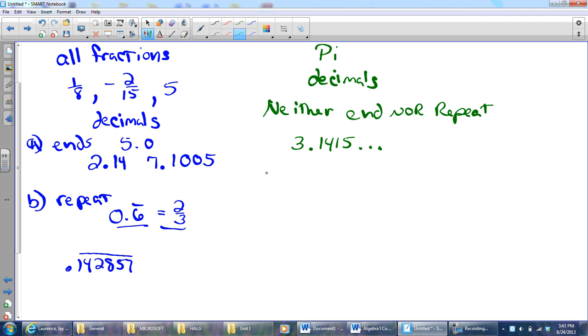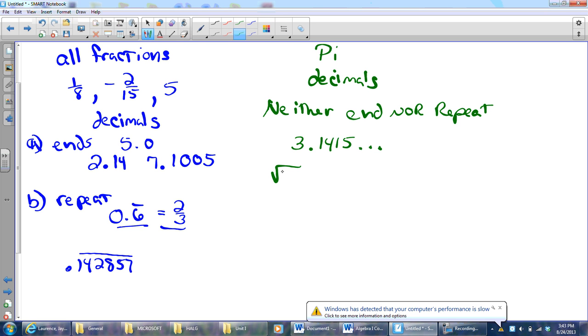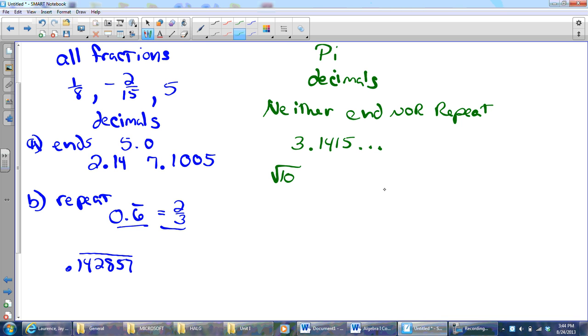Now, by the way, many square roots are irrational, like the square root of 10. I'll bet you don't know a number times itself that equals 10. And if you were thinking 5, please pour some ice water on your head and then slam your thumb in a drawer, because 5 times 5 is not 10. There is no number that times itself that equals 10.